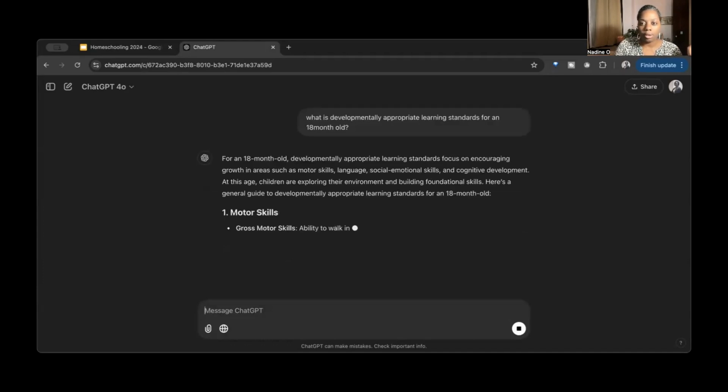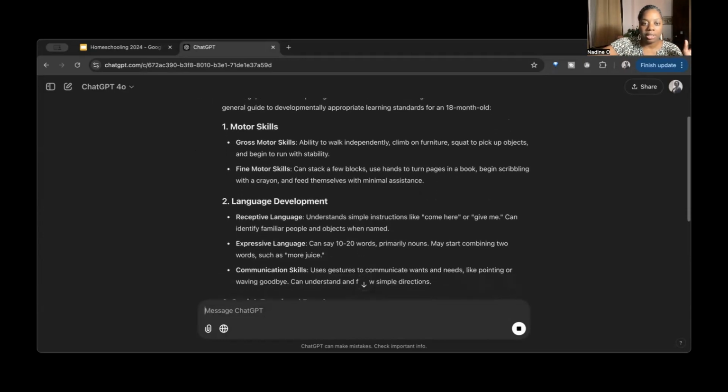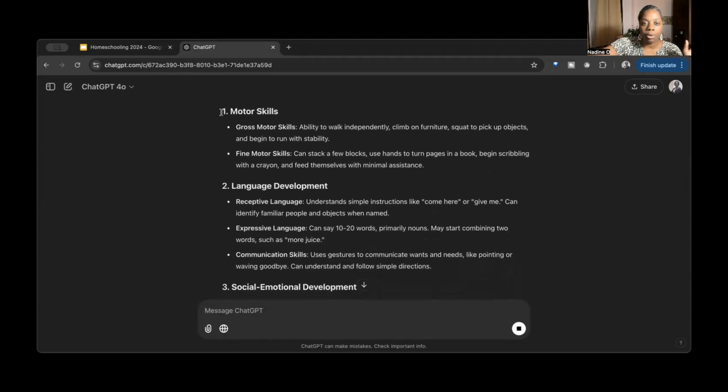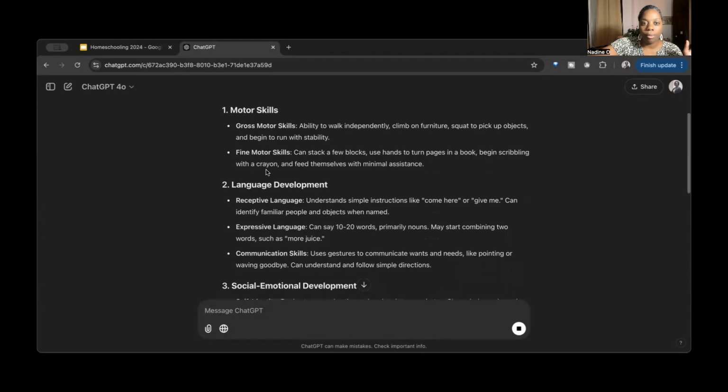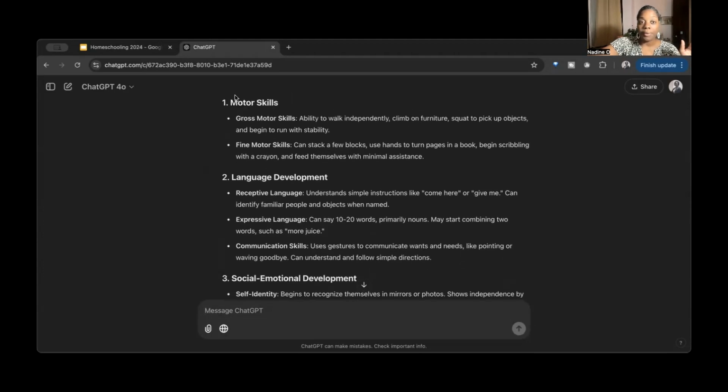All right, so we want to focus on encouraging growth in areas such as motor, language, social, emotional, and cognitive. And then ChatGPT goes into a little more depth for each one of those. So motor skills: walk independently, climb furniture, squat, pick up objects, right? As a parent, if you're thinking about your curriculum, this might not be something you write down as something you're creating for your child's learning experiences.